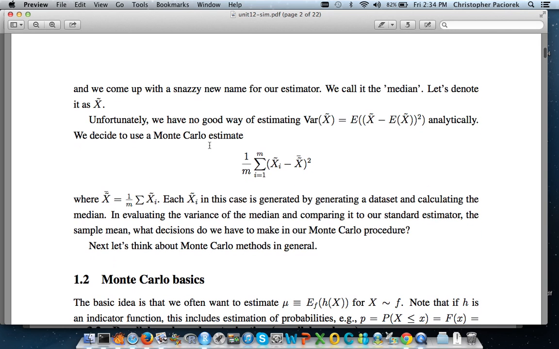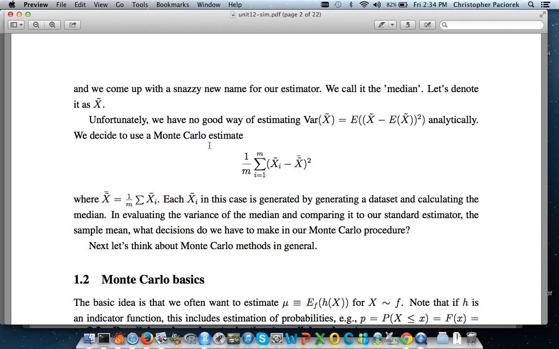Okay, so if I wanted to approximate, say, the variance of the median, I could do something like this with the m different x tilde values that I get from this set of simulated data sets. I could take this variance as just an expected value of some squared quantity. So I could take the sample analog to that expected value across my m different simulated data sets.